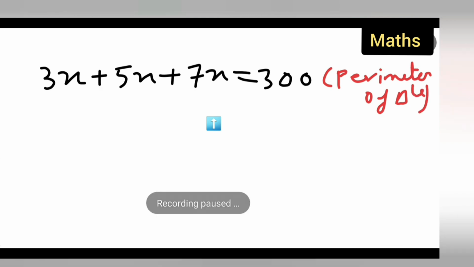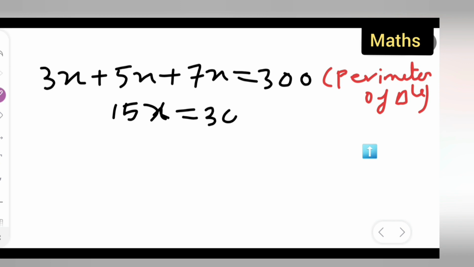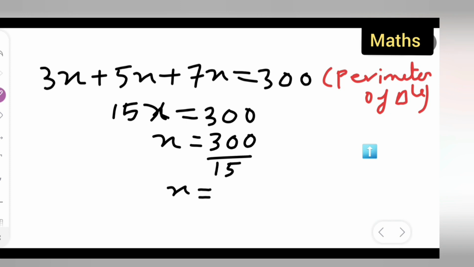Okay, now you'll have to add all this. 3x plus 5x plus 7x will give you what? 15x, right? Write down 15x is equal to 300. So you will get x is equal to 300 upon 15. So 15 ones are 15, 15 twos are 30. So x is equal to 20. So the value of x is 20.